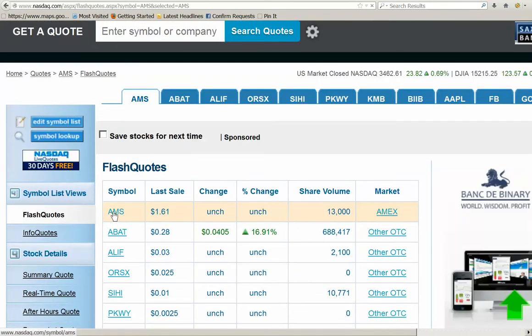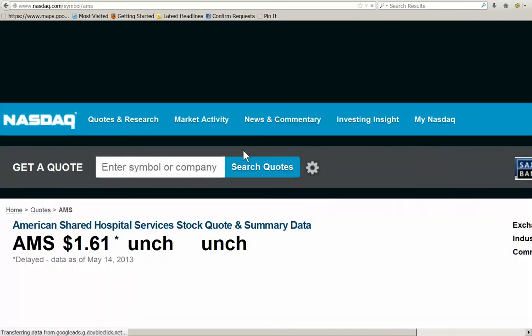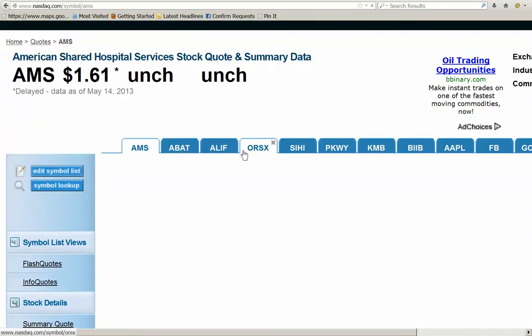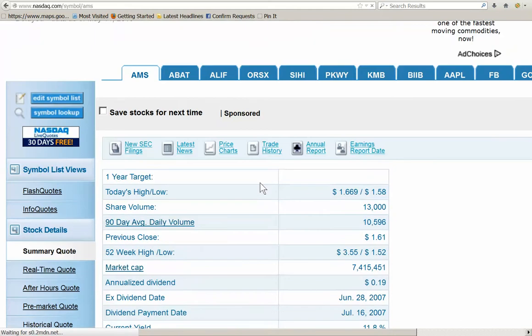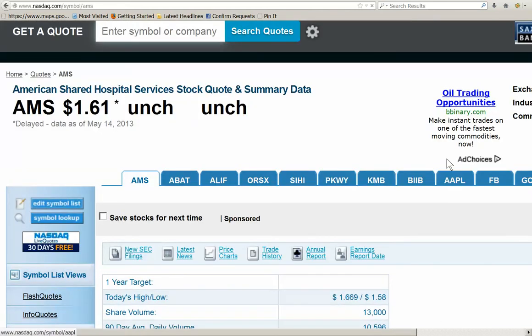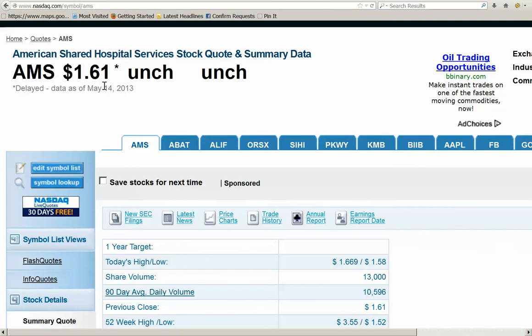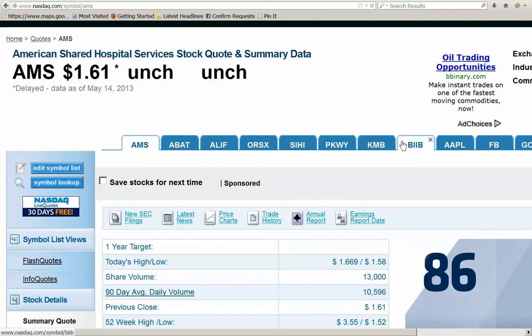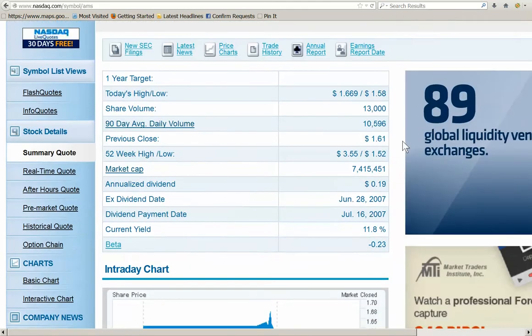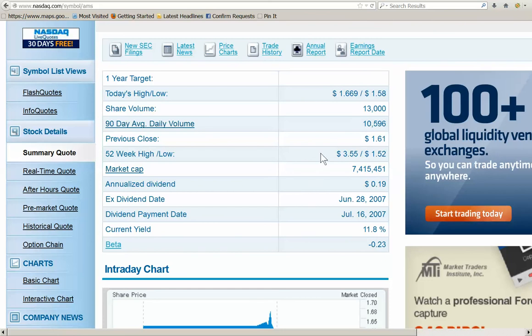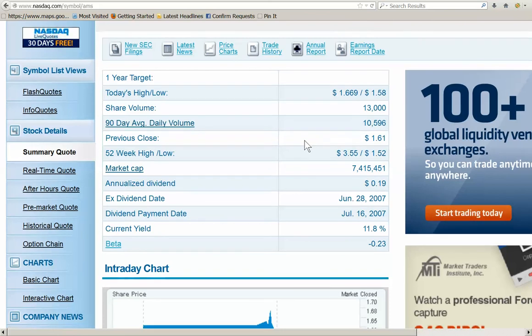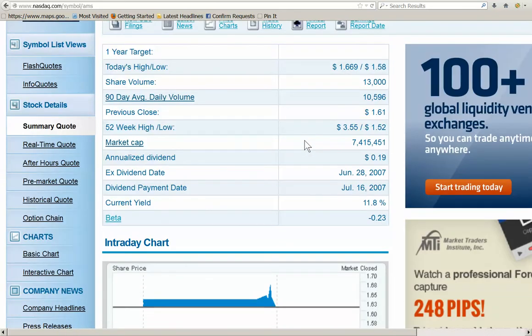So if I click on this one, it'll probably give me the details I need. Okay, so it says that the share price was unchanged in the last period, the last day, and just a bit more information about the stock and the share price.